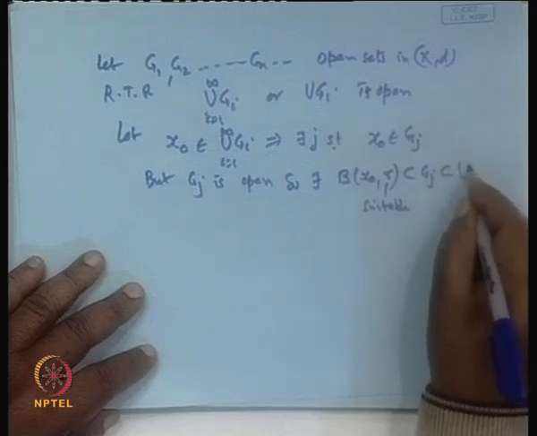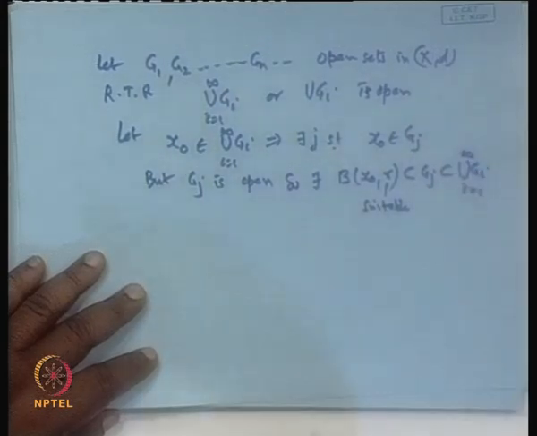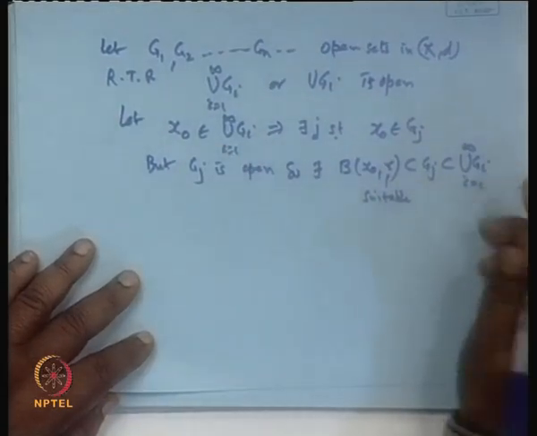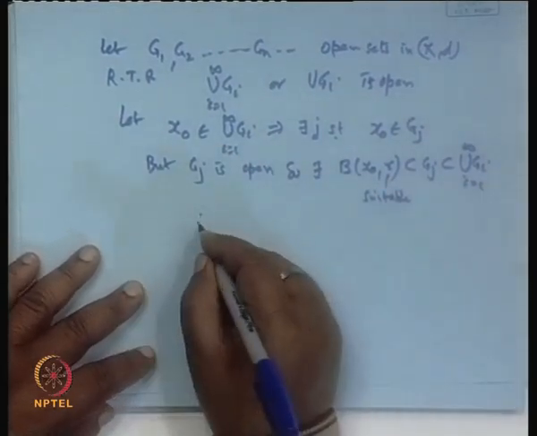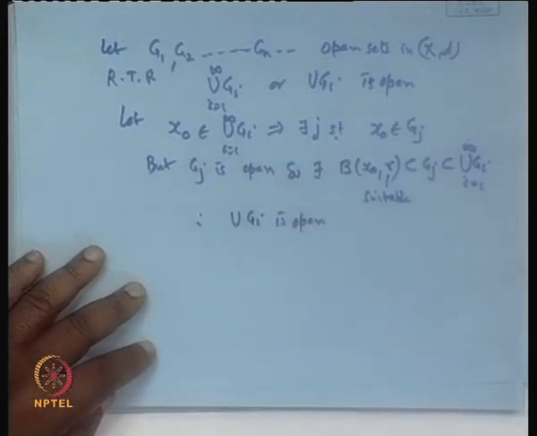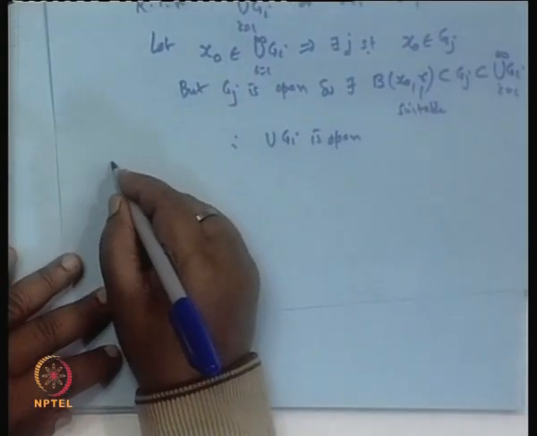Therefore, it will be contained in the union of G i, i is 1 to infinity. So, this shows this is an open set. So, the union of G i is open. Clear?